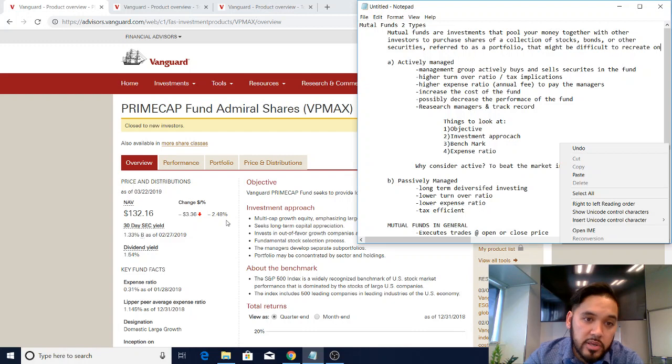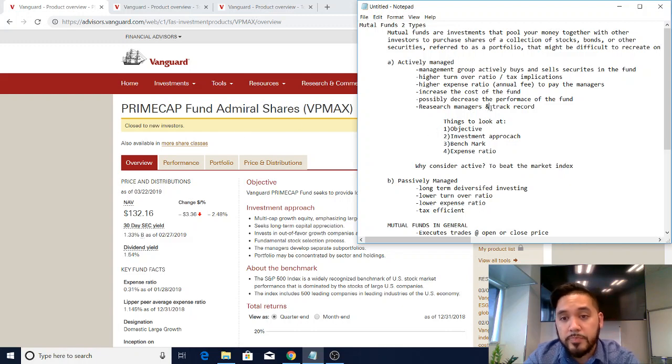If you look over here at the website, the expense ratio is 0.31 for an actively managed fund, which is actually really good for Vanguard. I've seen some actively managed funds that are 1% and above. So definitely this Prime Cap Admiral Shares is really good.